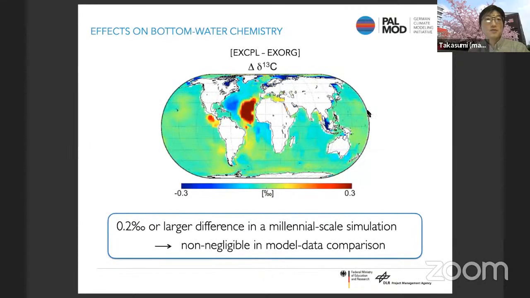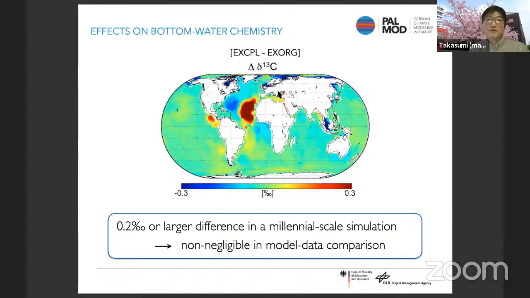In the last section of today's talk, I will show you the effects of the coupling on the bottom water chemistry. As I told you, the bulk, globally integrated quantities are hardly affected by the coupling, but still the effect on the local bottom water chemistry was not negligible.